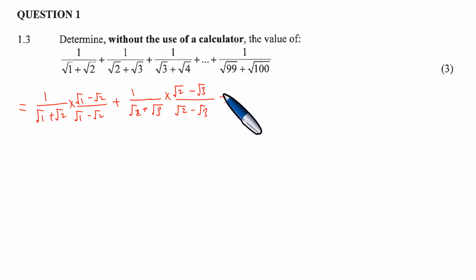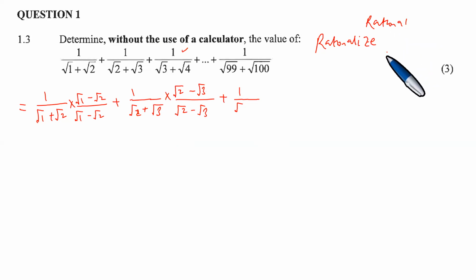Next, we focus on this one right now, which is 1 over the square root of 2 plus the square root of 3. So we actually rationalize. The word rationalize is derived from the word rational. How do you rationalize? You rationalize the denominator so that we can understand the numbers.